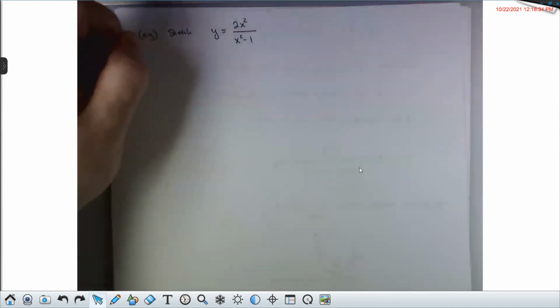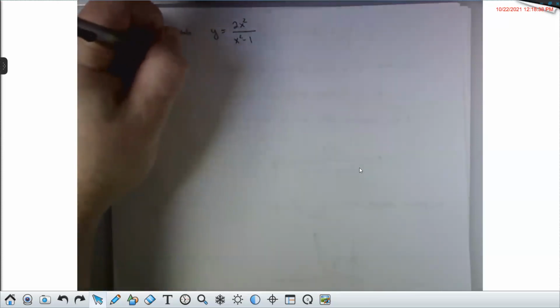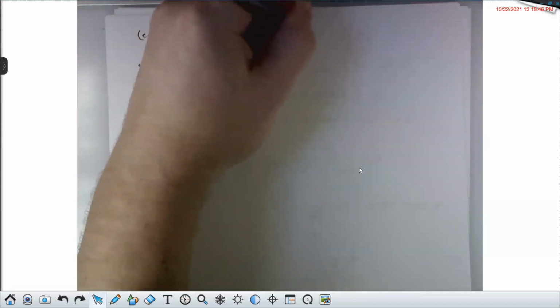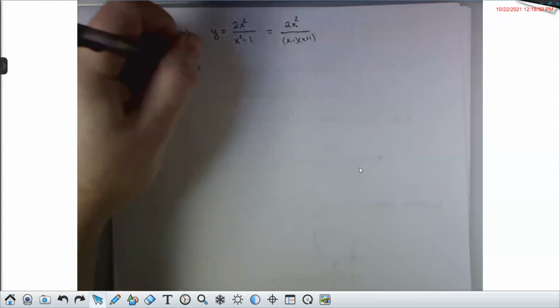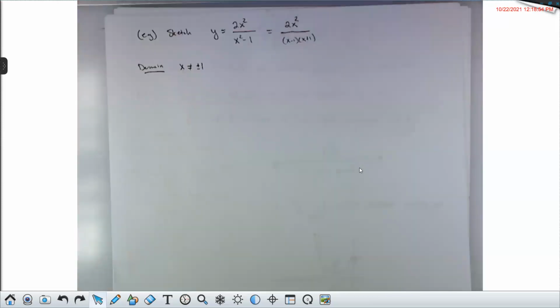So first, my domain. That denominator is equal to 0 at x equals plus and minus 1. Right? If I factor the top and the bottom, top there's nothing to do. The bottom factors as x minus 1 times x plus 1. So my domain is everything except for plus and minus 1.